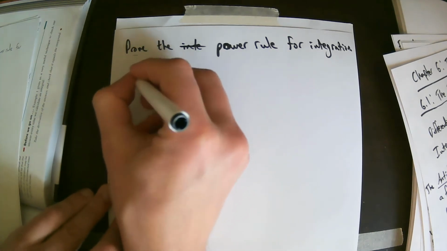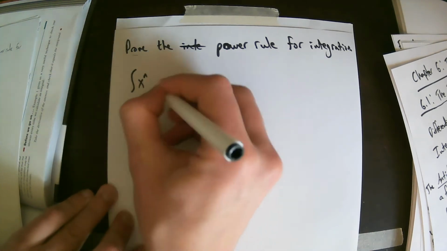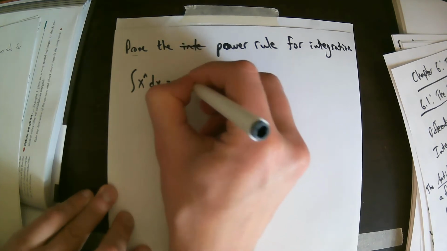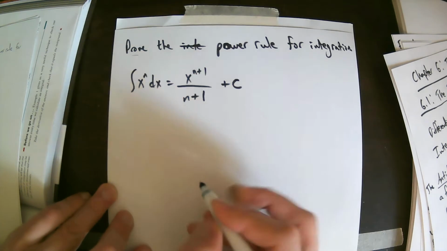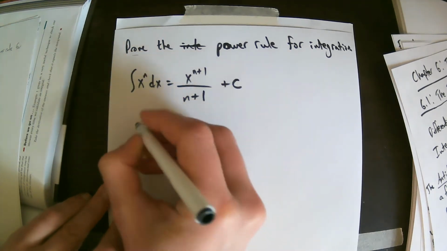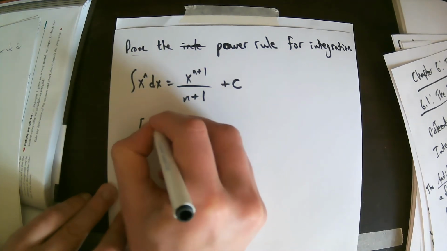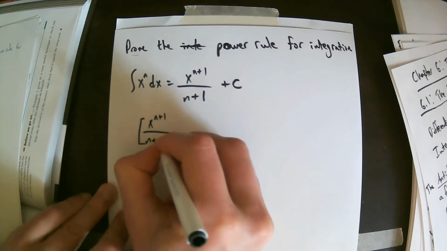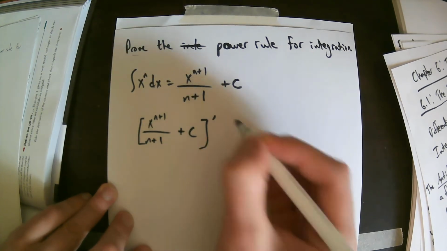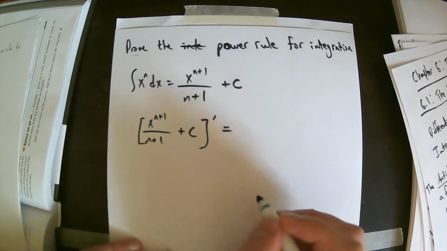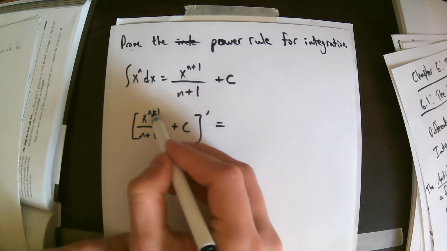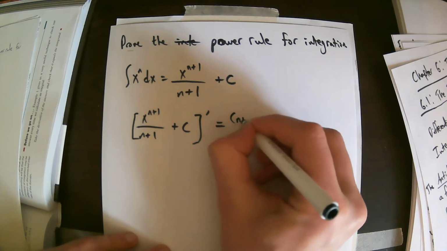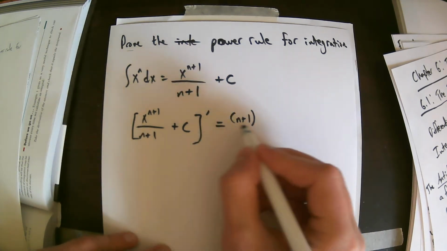So the rule is integral of x to the n dx is equal to x to the n plus 1 all over n plus 1 plus c. Let's take the derivative of this and see if we get x to the n. Well, the derivative tells me to take this power and drop it down, so I'd have n plus 1. Got to wrap it in parentheses because it's more than one term.